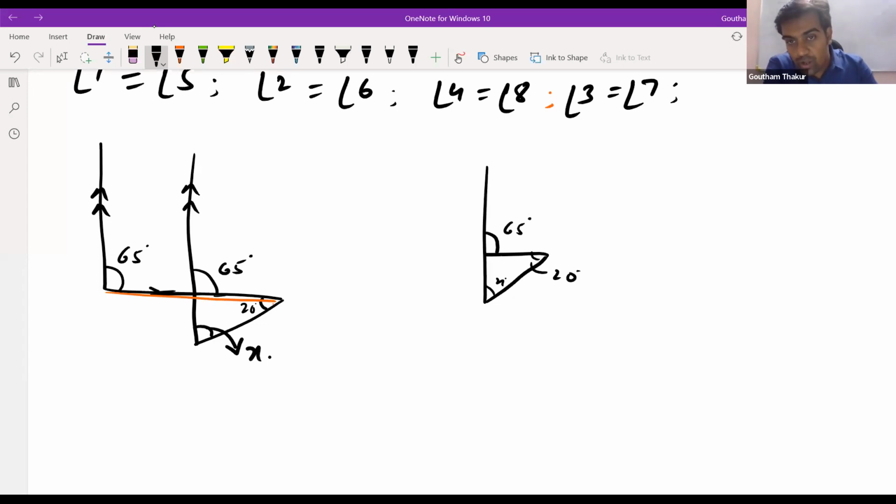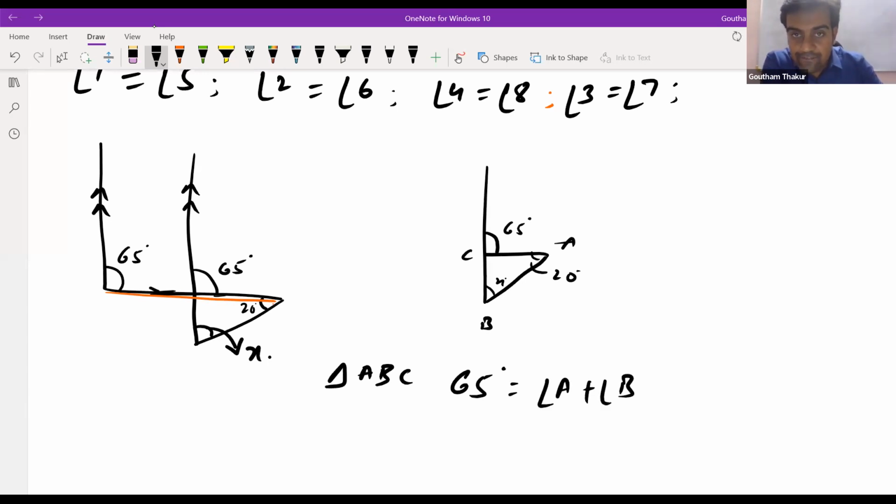If you concentrate carefully, my 65 degrees is an exterior angle for the triangle which is formed. I'm naming it ABC. In triangle ABC, 65 degrees is an exterior angle. What is the exterior angle equal to? Angle A plus angle B. If I mark this as D, what is the formula of the exterior angle property?